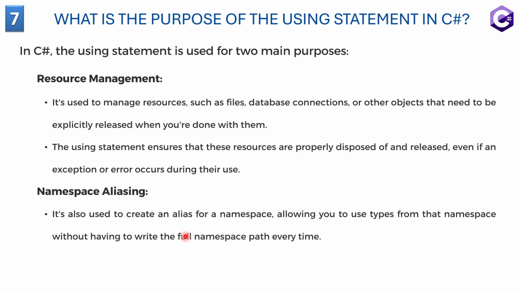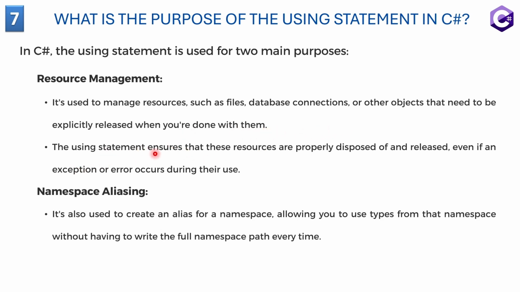So, what is the purpose of the using statement in C#? It's also a very important question. The using statement basically does two things: resource management and namespace aliasing. It's used to manage resources such as files, database connections, or other objects that need to be explicitly released when you are done with them.